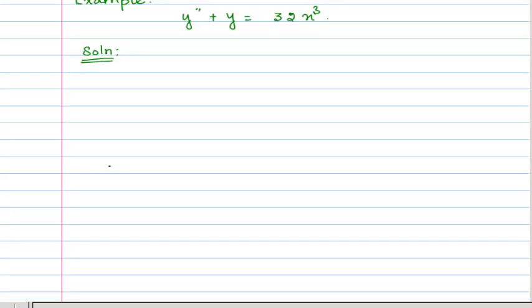The first step is to write the homogeneous equation corresponding to the given equation.